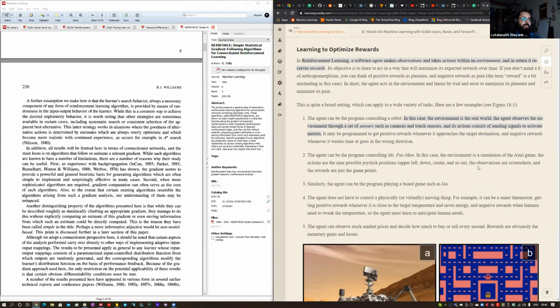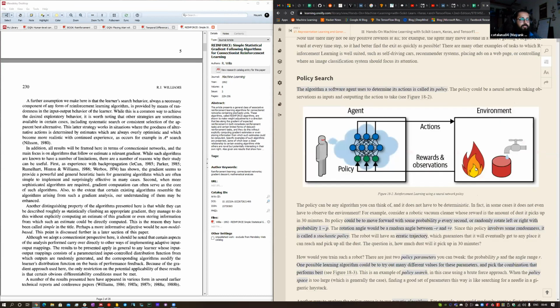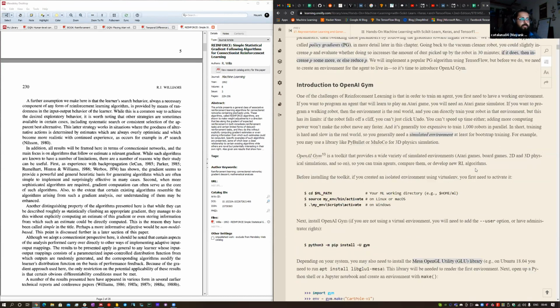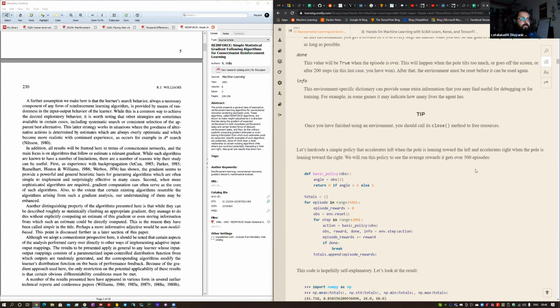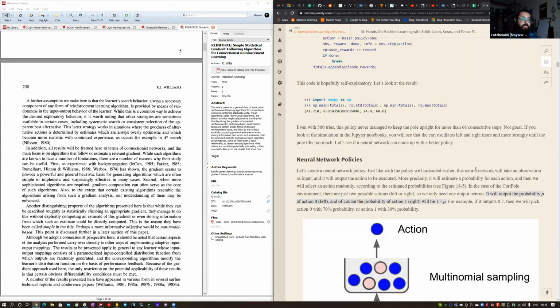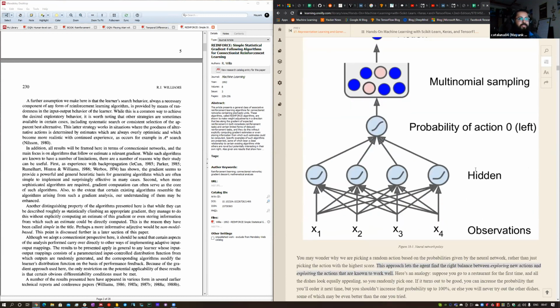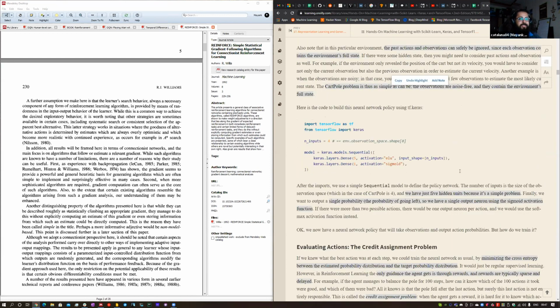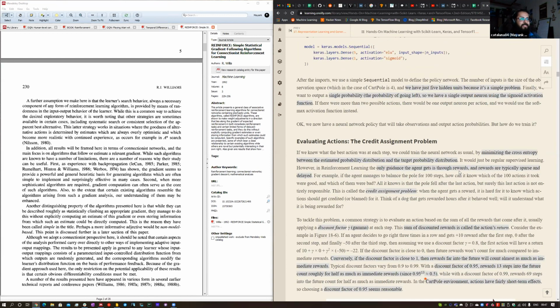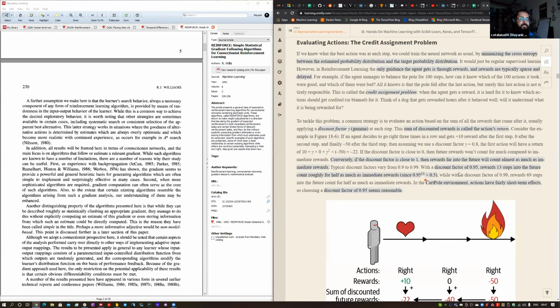Here there are two things that have to be kept in mind. One is the reward, and the other is the sum of all the rewards. I always get confused between them. I think that's called the return.